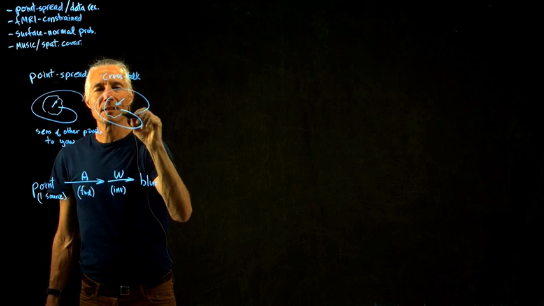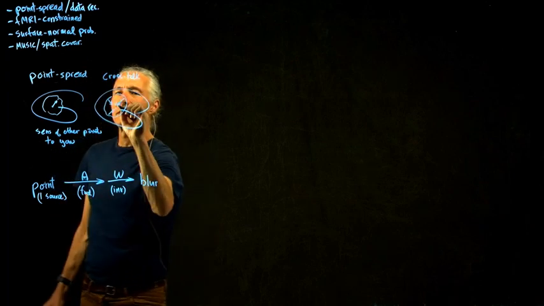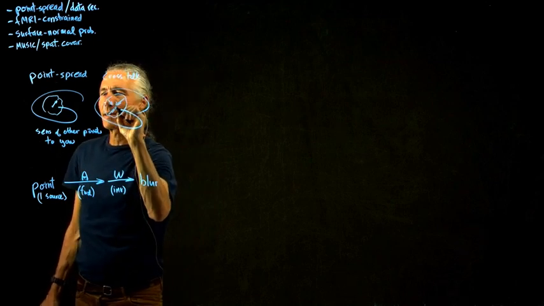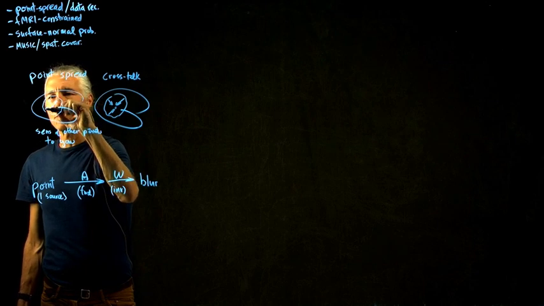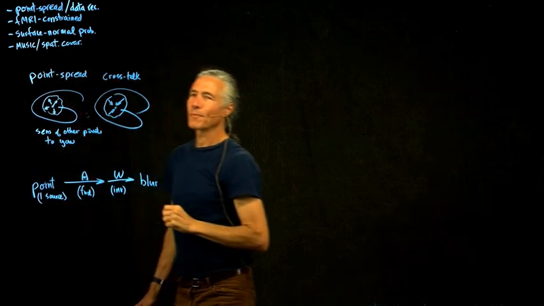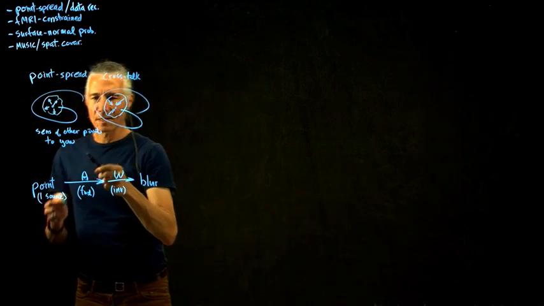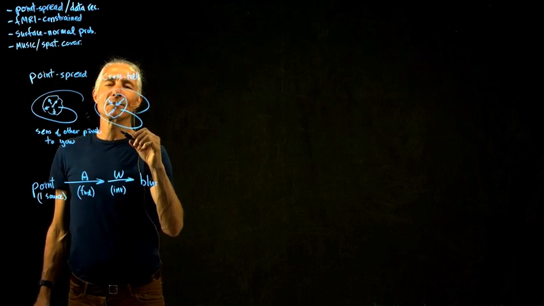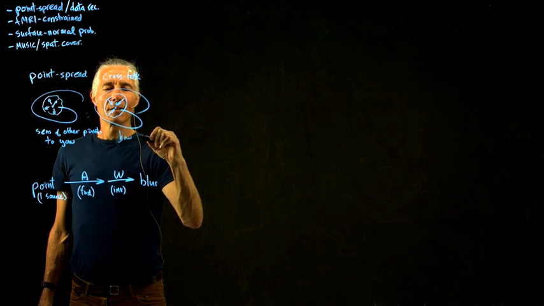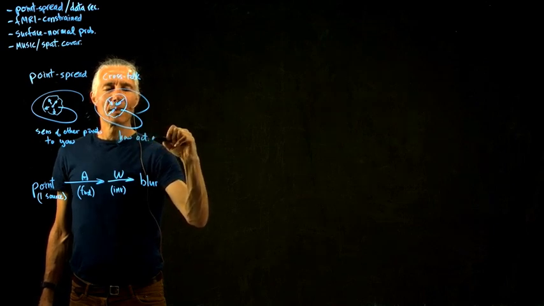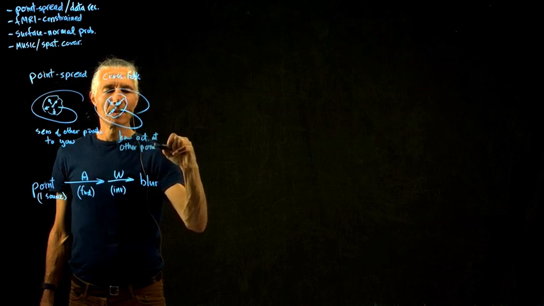So you get the same kind of data, and the question is how do other points cause crosstalk here, versus how does this point interfere with other points? One is the sensitivity of other points to you, and the other is how activity at other points affects you.